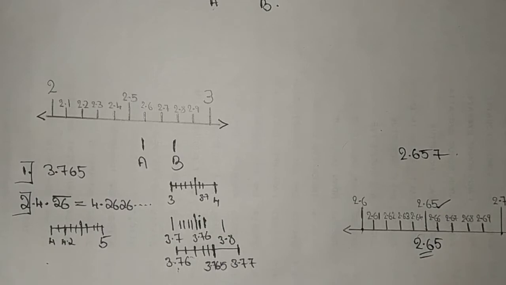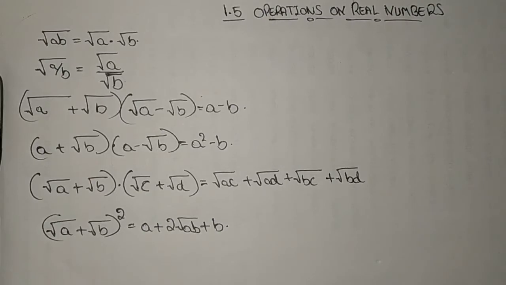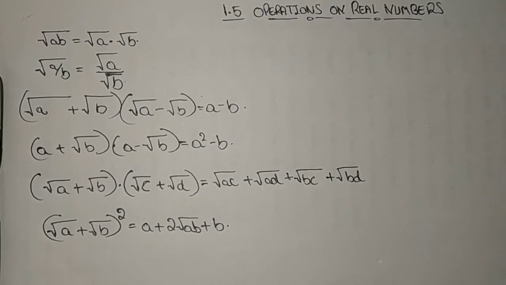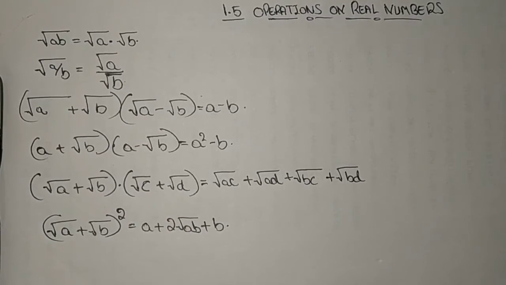I am going to conclude the concepts of 1.5 in this video itself. Let me change my page. Yeah, we landed on exercise 1.5, operations on real numbers. Operations on natural numbers and whole numbers are quite easy.